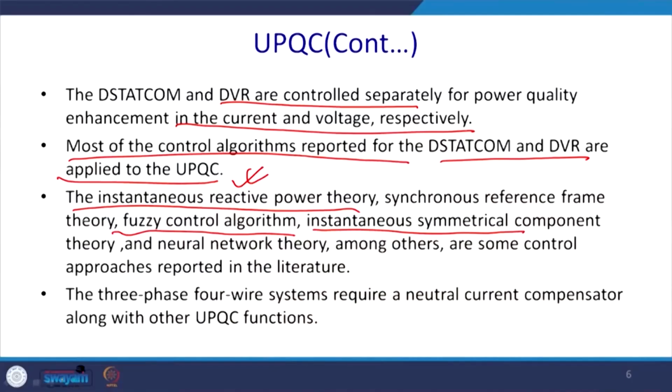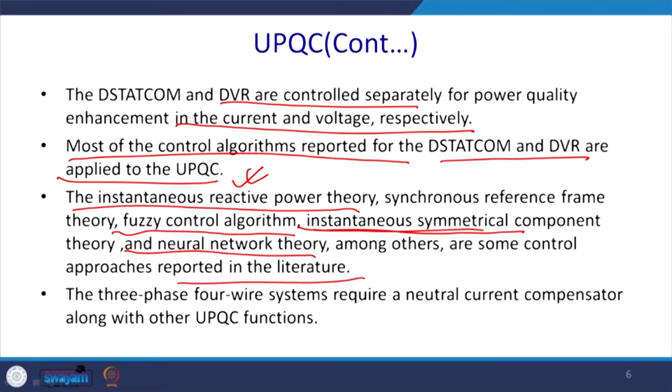For this reason we have found that zero sequence component compensation is not good in the instantaneous reactive power theory, so we go back to the instantaneous symmetrical component theory. Thereafter we can generate the reference by neural network theory, among others; these are some control approaches reported in the literature.